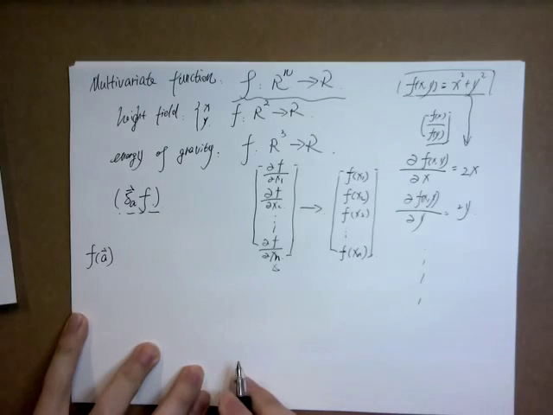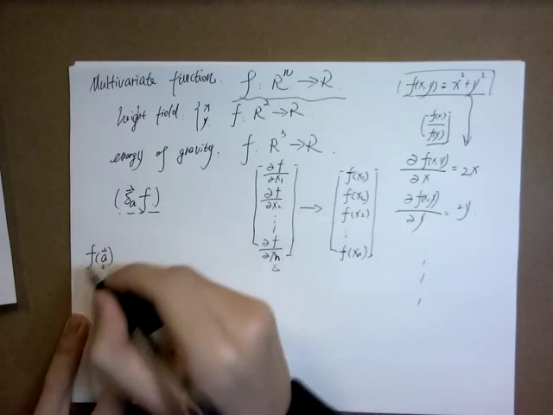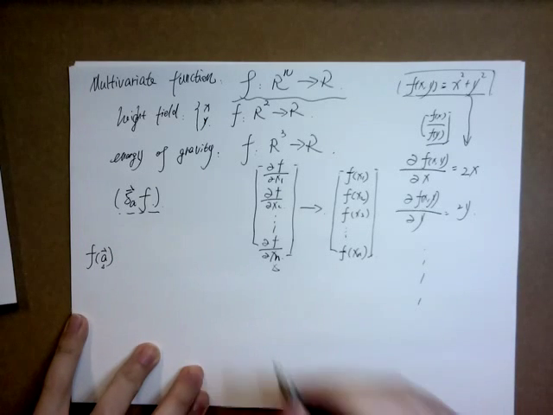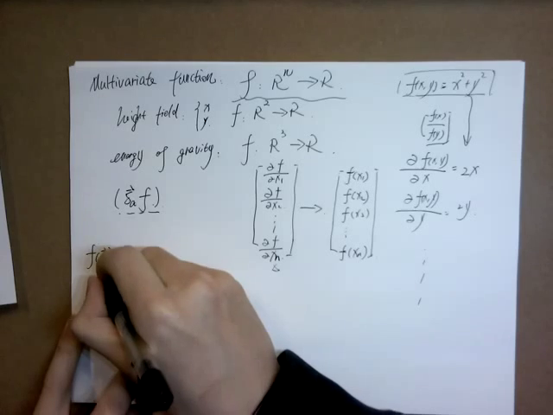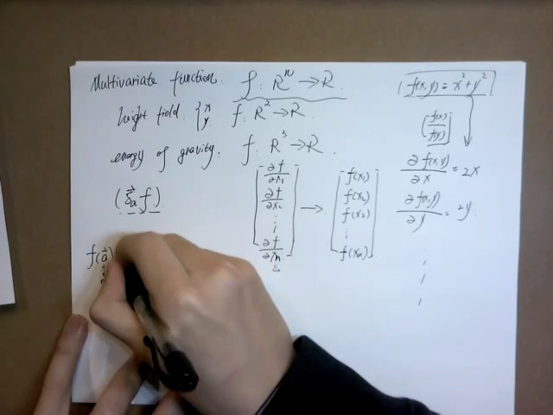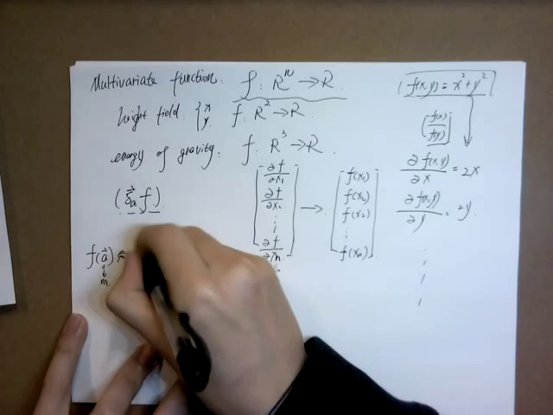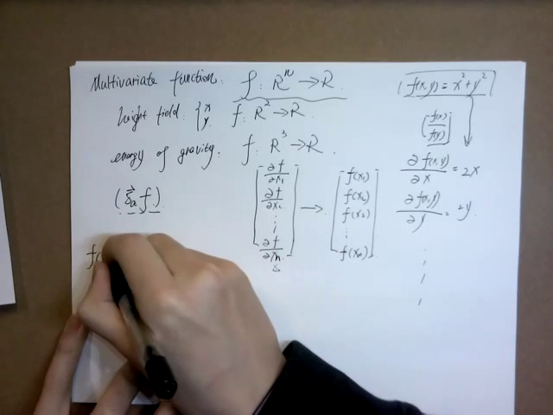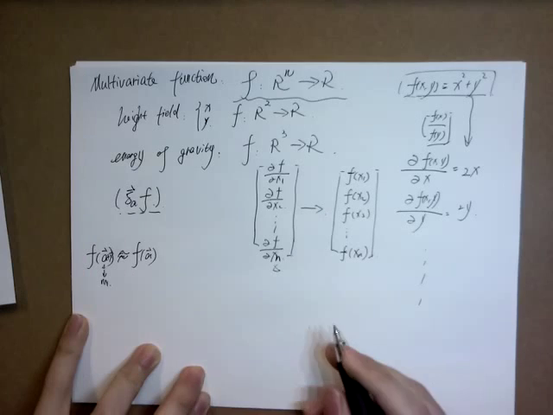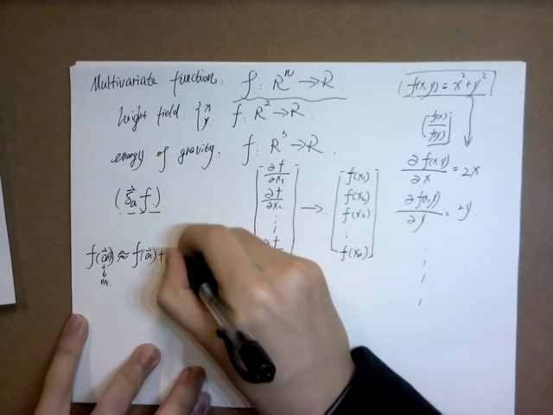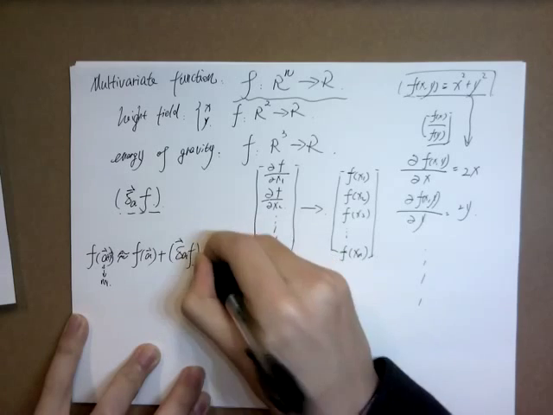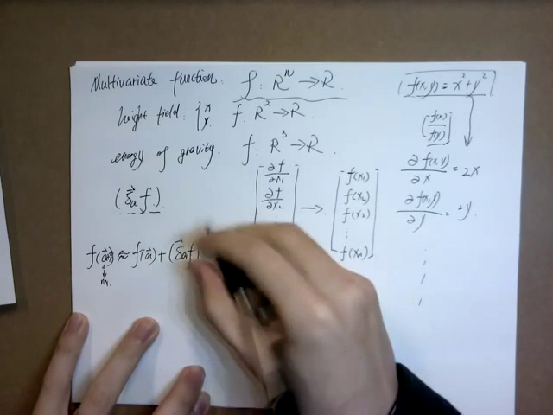I want to get the function value near point A. Now the point A is in the Rn space, which is an n by 1 vector. And I can approximate the function at A plus x using the value of the function at A plus the total derivative of f multiplied by x.